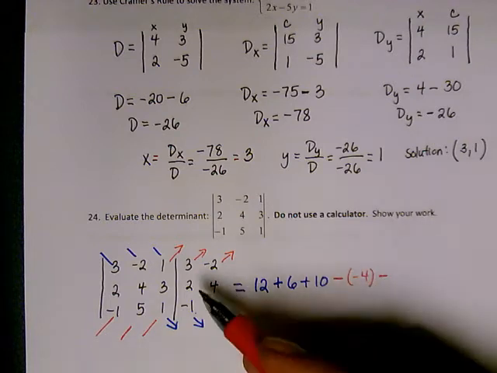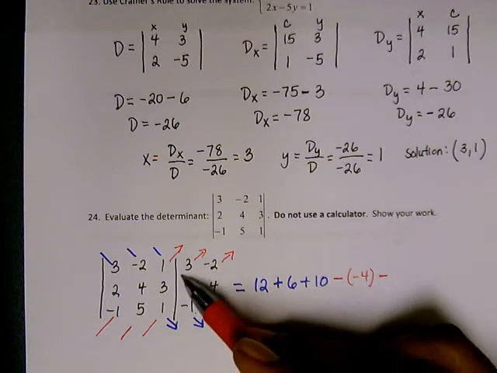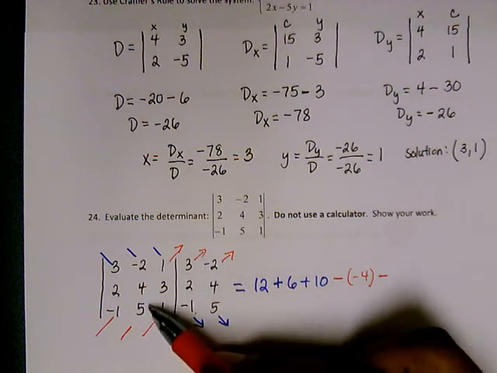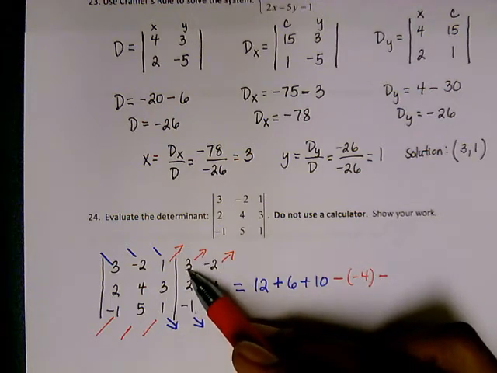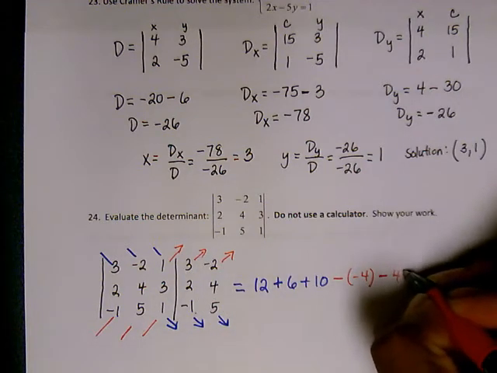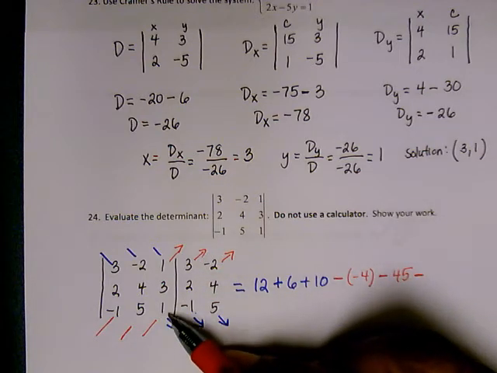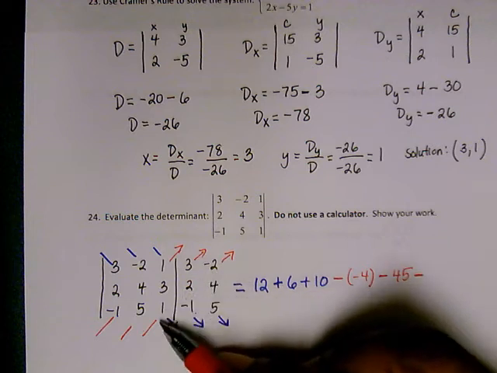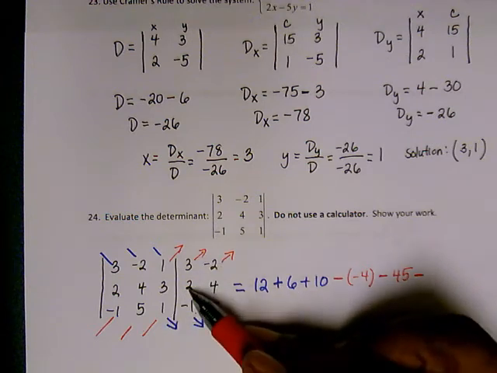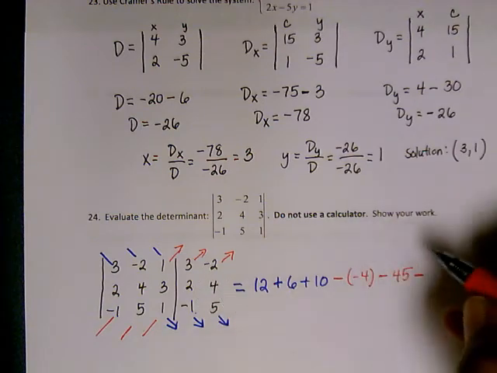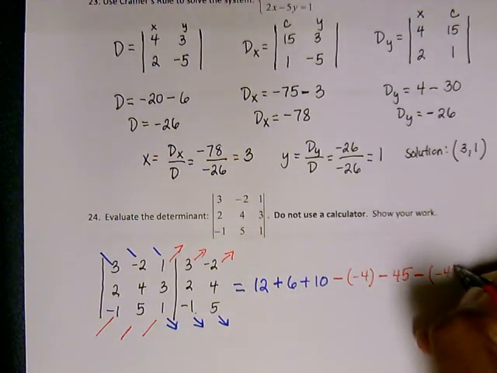And then minus the product of this diagonal, the 5, 3, and 3. 5 times 3 is 15. 15 times 3 will be 45. That'd be minus 45. And then minus the product of this diagonal right here, 1, 2, and -2. 1 times 2 is 2. 2 times -2 would be -4.